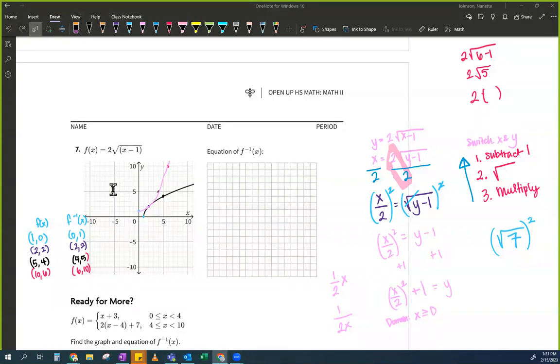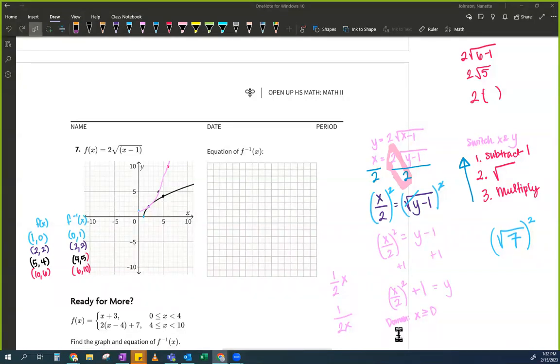Which one? Come on, I'm walking you through this. Ready? What do I do when I say inverse? What did you tell me to do? Yeah, switch them.